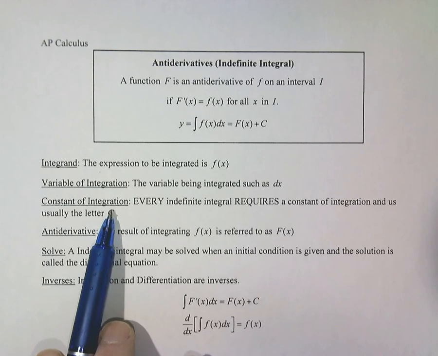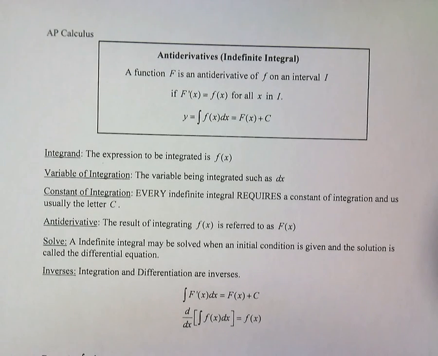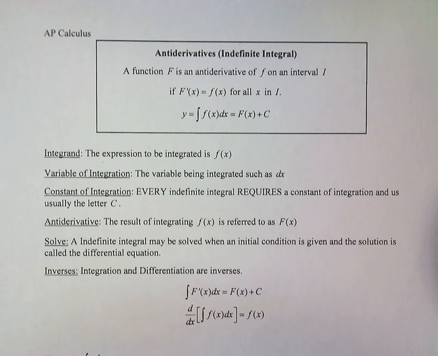You're going to have to use a constant of integration, and that's because when you differentiate something, it's a specific answer. But when you take the integral of something, there are infinitely many answers that are possible, and I'll explain that. But this constant of integration is extremely important. The antiderivative is the result of integrating.